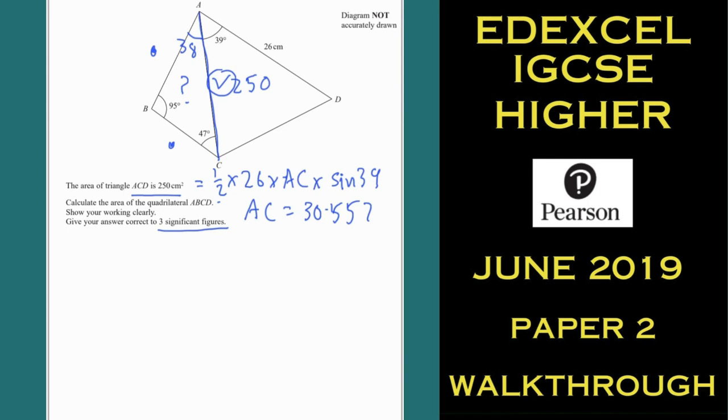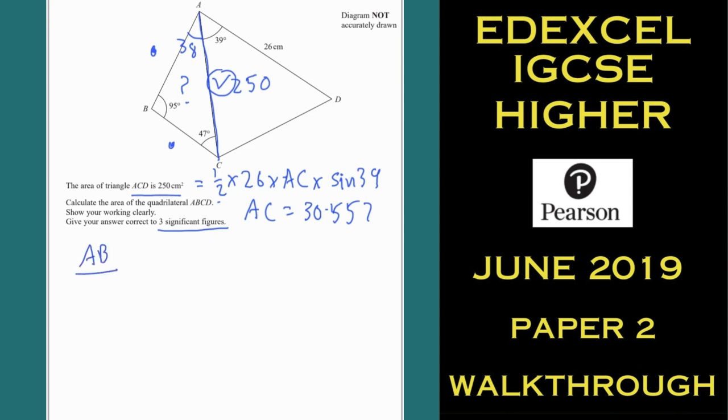It doesn't really matter. I've gone for AB. Call it whatever you want, but we have a side and an opposite angle, so we're going to apply the sine rule. So we've got to work out, I'm going to work out AB.